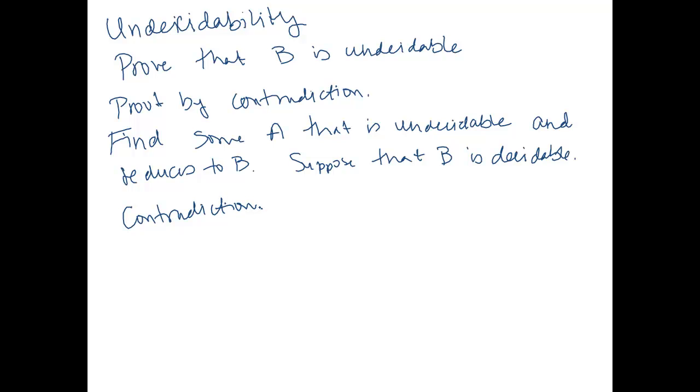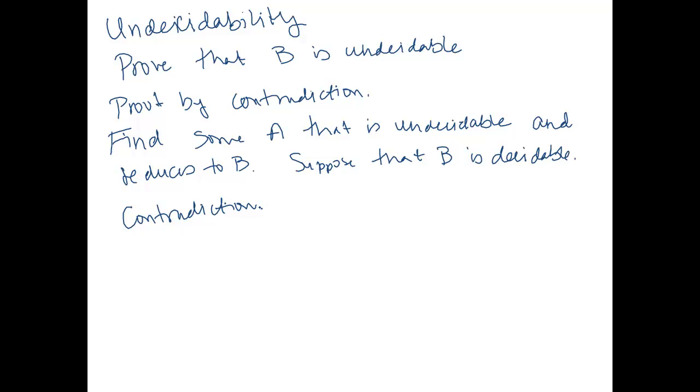Why? If A is undecidable and it reduces to B, if we assume that B is decidable, then we can use the decider for B to decide A. But we know A is undecidable. This gives us our contradiction. So this is the basic format for a proof of undecidability.